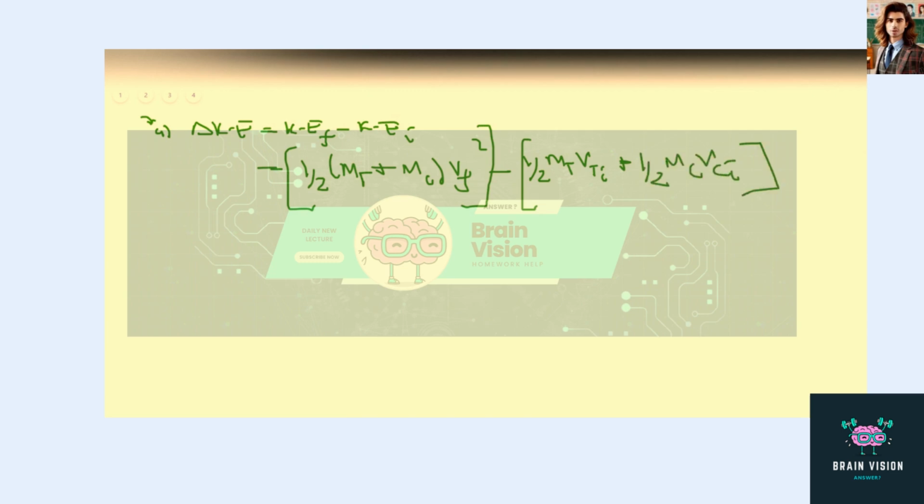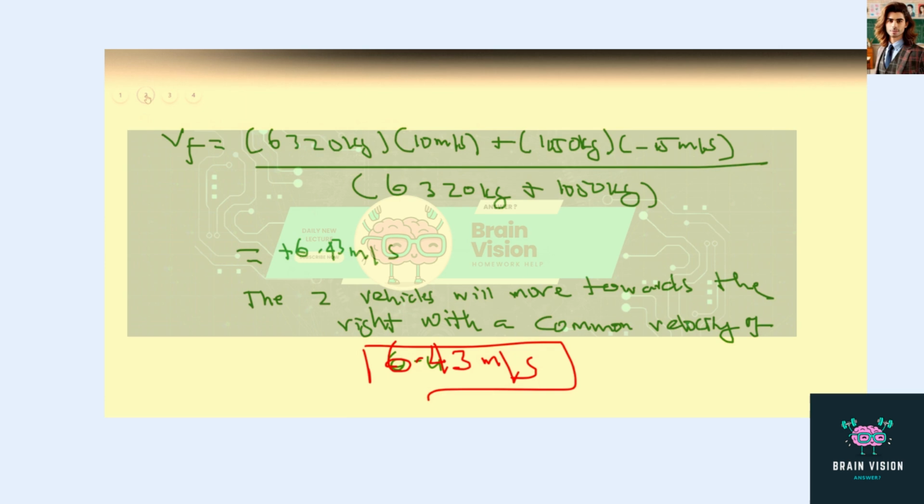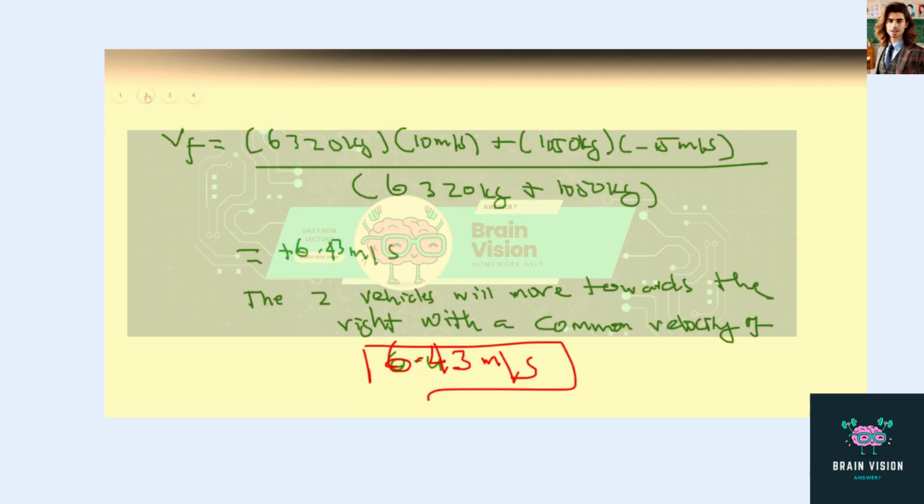And so when we plug in the numbers, we get 1/2 times 6,320 kilograms plus the mass of the car, 1050 kilograms, times the final velocity that we computed, 6.43 meters per second. If you recall, it was actually positive. We square that, and then we subtract 1/2.